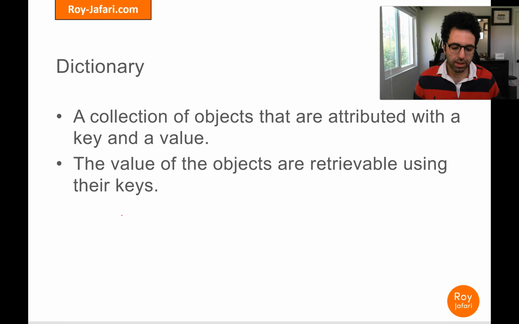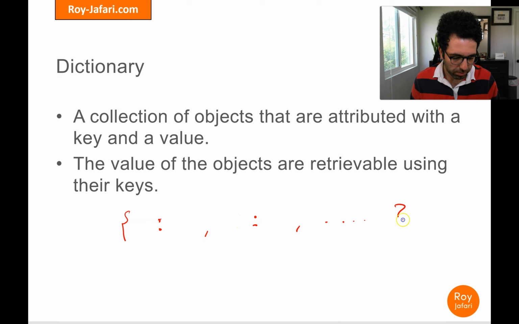The way a dictionary is defined is by this syntax: you've got a key, and the key can be anything, and then you've got a value, and again another key and another value, and so on and so forth.